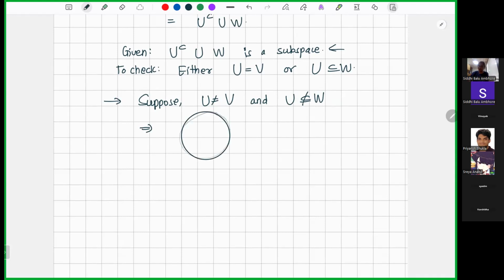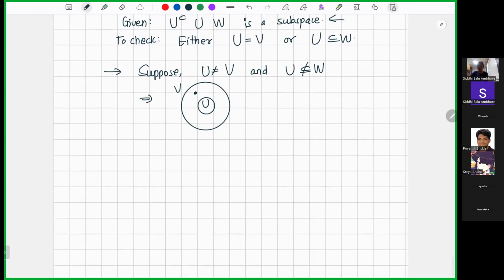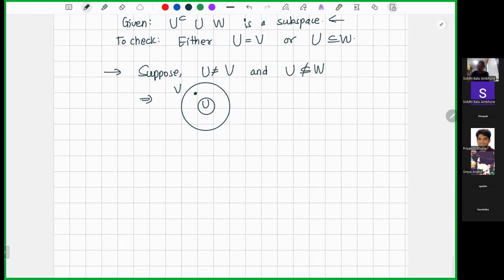This is my V and this is my U. Okay, so when I say that they are not equal, there exists some point which is not in U but it is in V. So this implies that there exists some v in V such that this point v does not belong to U. This is what the first condition means.